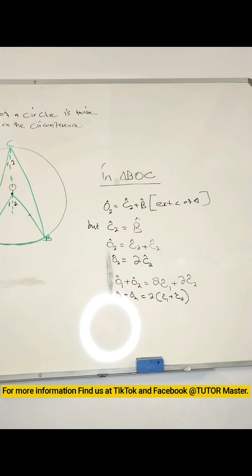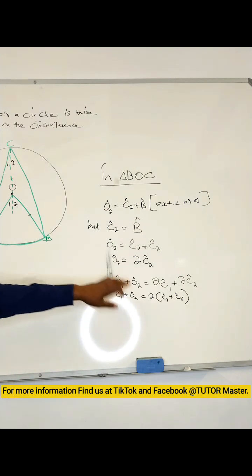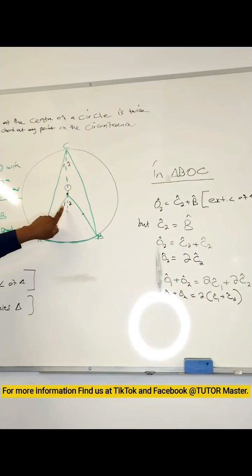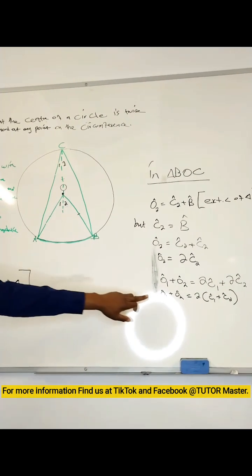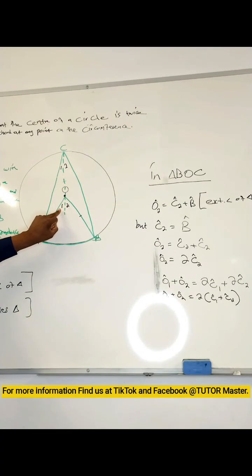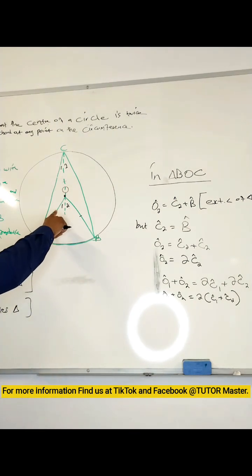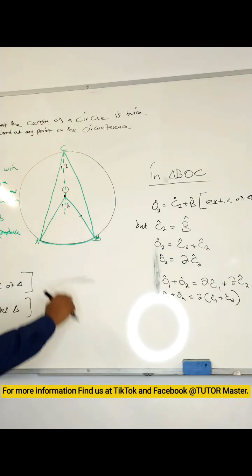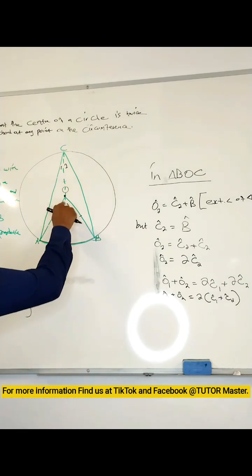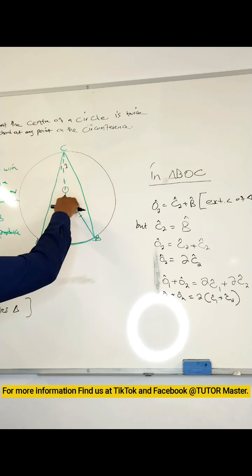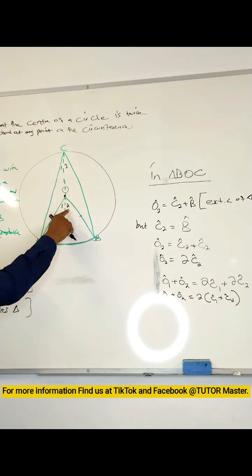So let's have a look. What are O1 and O2 from our diagram? O1 and O2 make this angle here. So instead of O1 and O2, we are allowed to say AOB. This is the same thing.